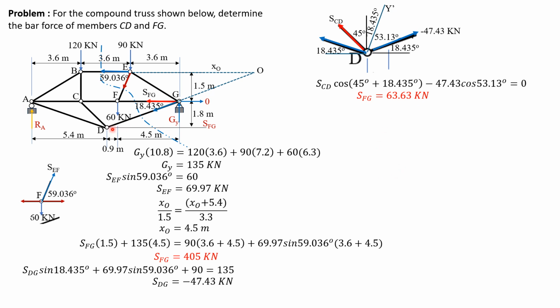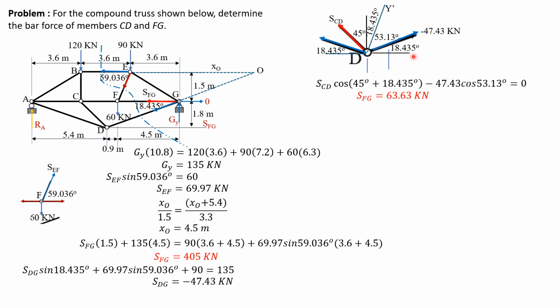You can also solve for SCD by summing up forces in x and y, two equations and two unknowns, SCD and SAD. So the equation would be, going to the left positive, SCD sine 45 plus SAD cosine 18.435 degrees equals negative 47.43 cosine of 18.435 degrees.